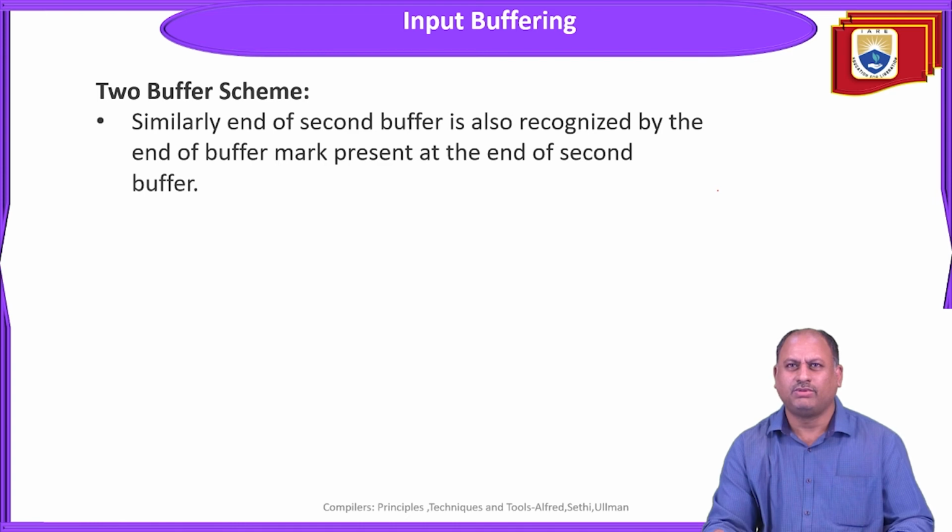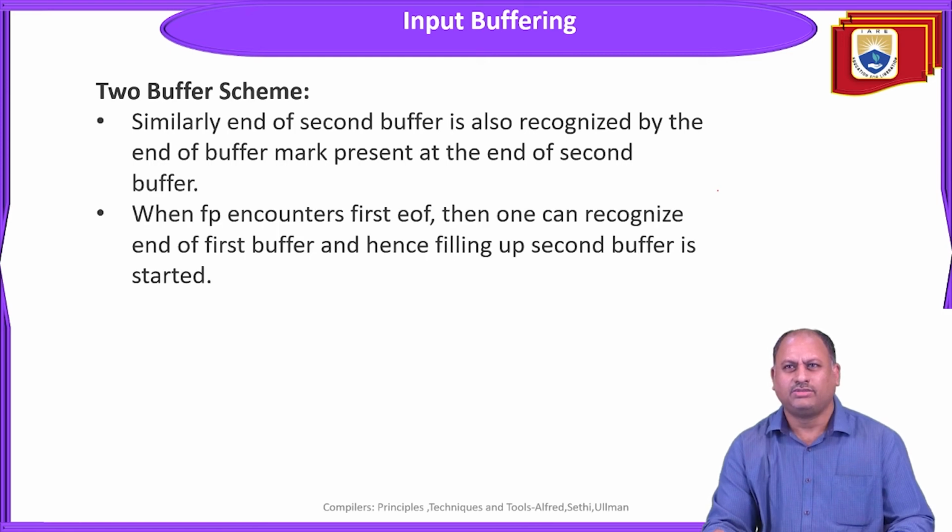The second buffer is also filled, and the contents are read with the forward pointer, one character at a time, until the end of the second buffer is reached. Then we recognize the remaining characters of the input string.